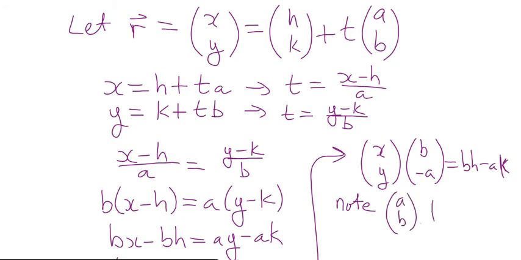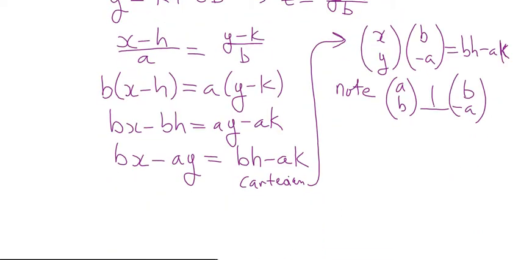And of course, ab is perpendicular to b, negative a. That gives you a much faster way of getting there, right? And that n, the normal vector, is equal to b, negative a.